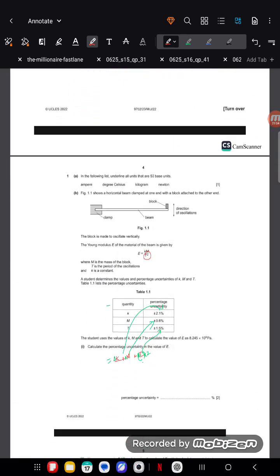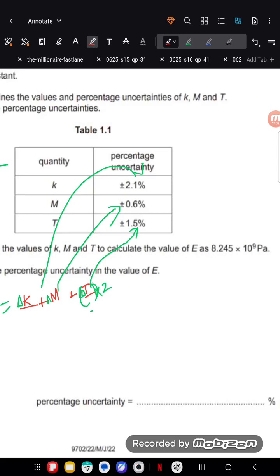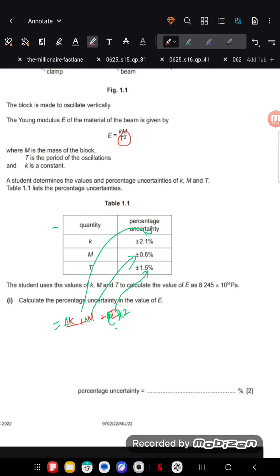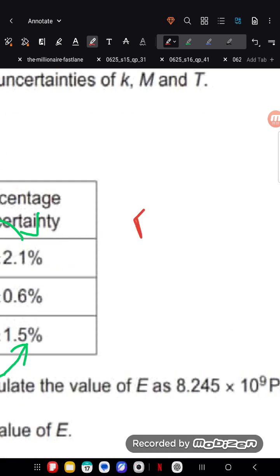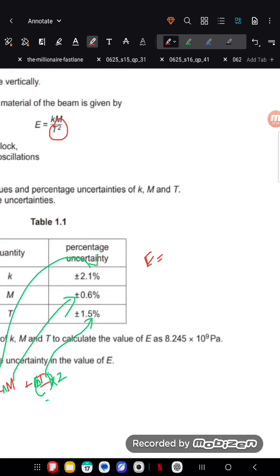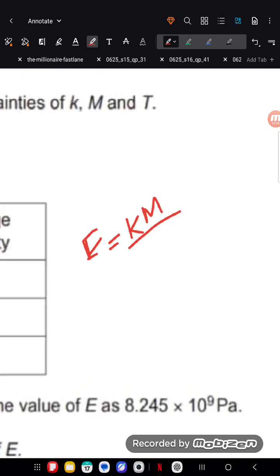So this is very easy. This one is also given in percentage. You don't have to do anything. It's very simple. What they are saying is to make T the subject. Already the formula is given. E is K, M and T square.